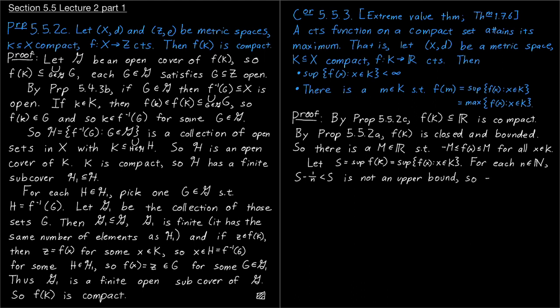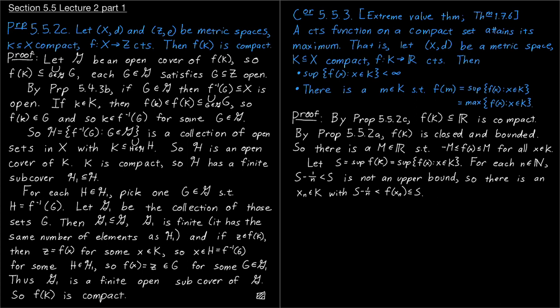So there is an x_n in K with f of x_n bigger than S minus 1 over n, but it's always less than or equal to S by definition of least upper bound.